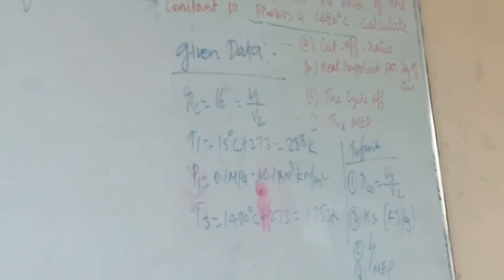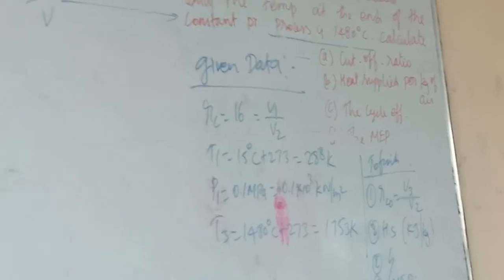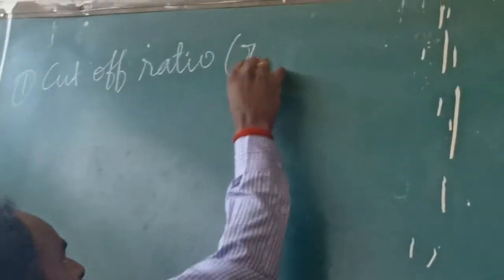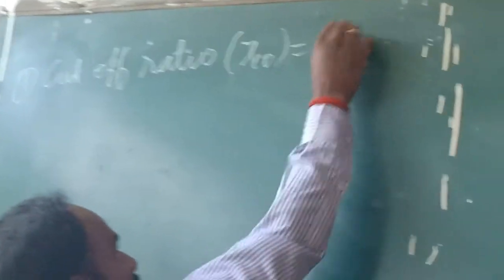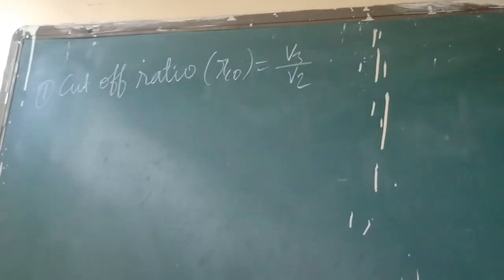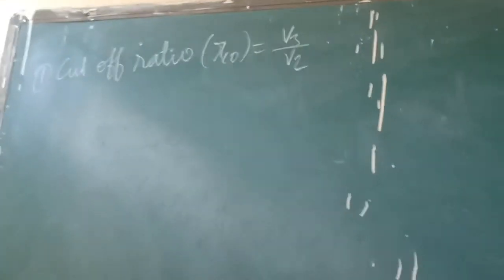So first we need to calculate the cutoff ratio. The first question is the cutoff ratio, that is called r suffix CO, equal to V3 by V2. That is process 2 to 3, involving states 2 and 3.